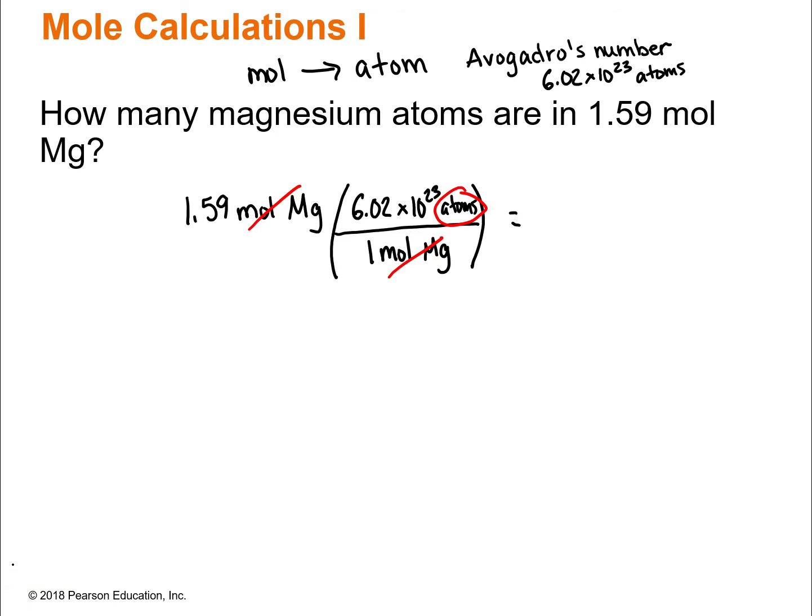Now I want you to try using your calculator to get an answer for this. Keep in mind that we care about significant figures. Avogadro's number is exact, but 1.59 moles is not. There are 3 significant figures here. So try putting this into your calculator and make sure you remember how to put in scientific notation using exponents.